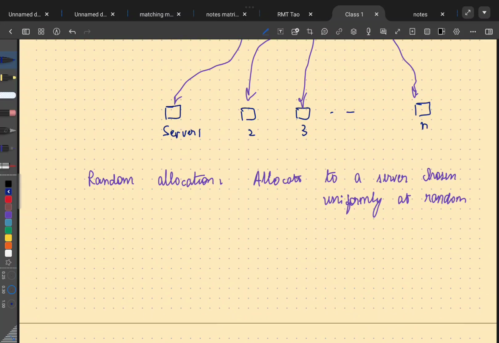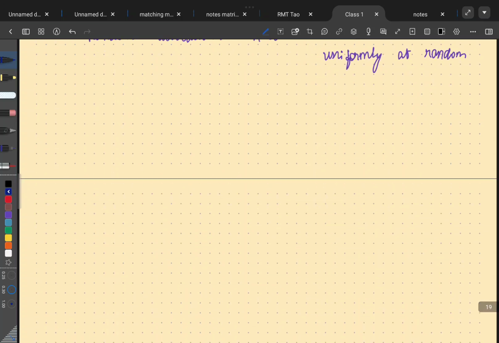Now, if I'm doing a completely uniform random allocation, this may not be the case. Some servers could potentially get too many jobs, and some servers may be completely vacant. So our question is, if I do a perfectly random allocation, can I derive bounds on the probability that one server has too many jobs? And what is a good bound on this?